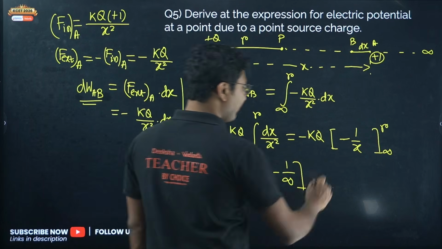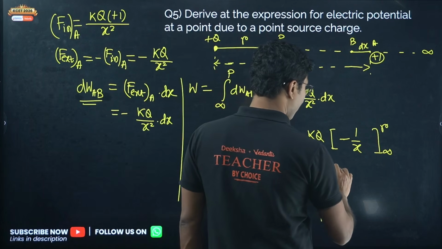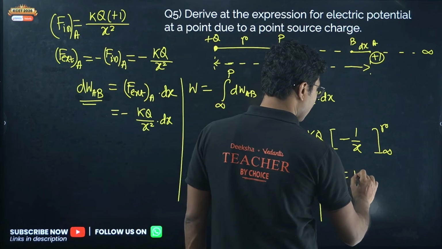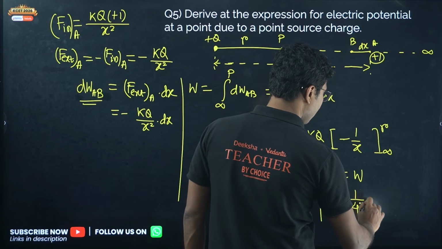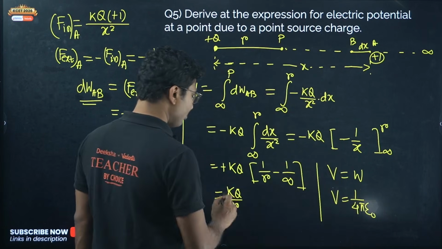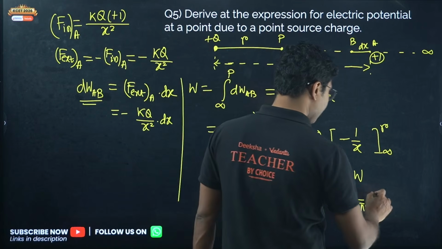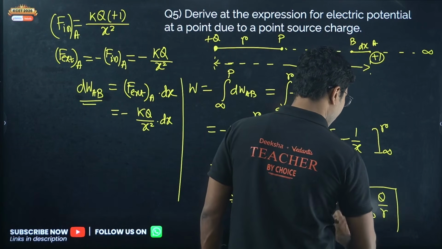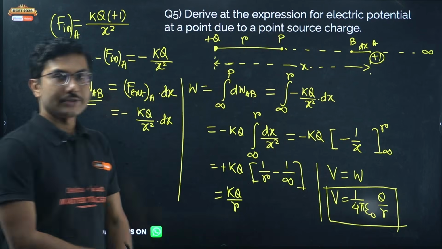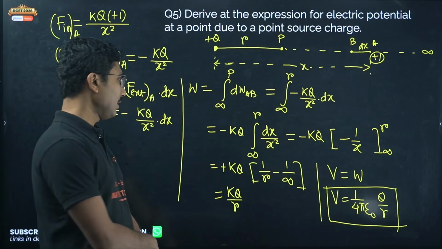Now by definition this work done, potential is equal to this work done, or potential equals 1 by 4 pi epsilon naught. Now time for us to put in suitable values, q by r. So this is the potential due to a point charge. This is the expression for potential due to a point charge.